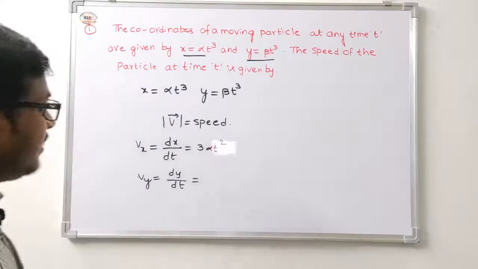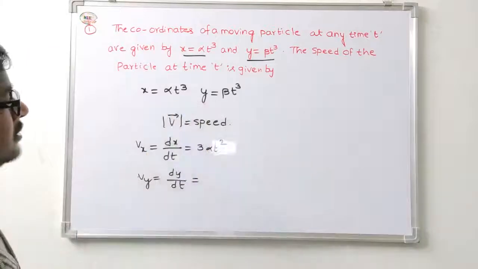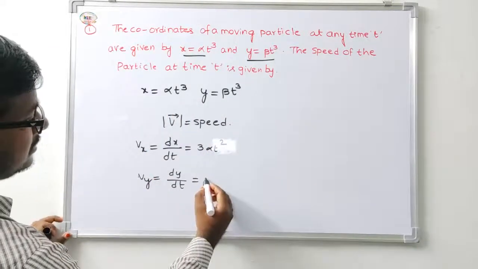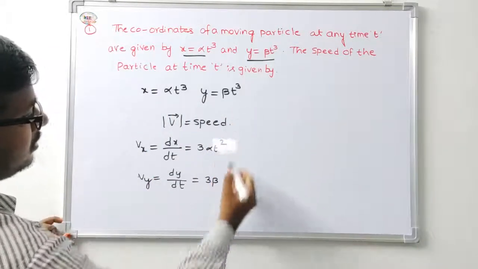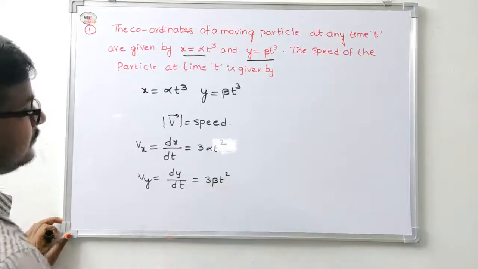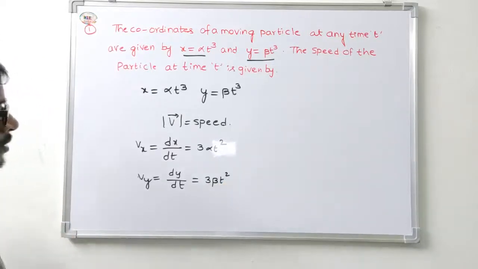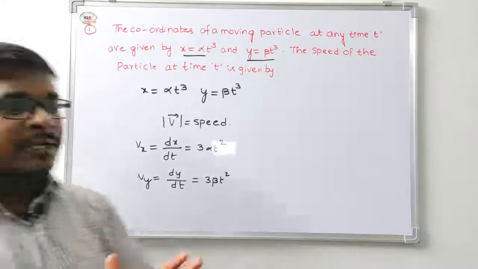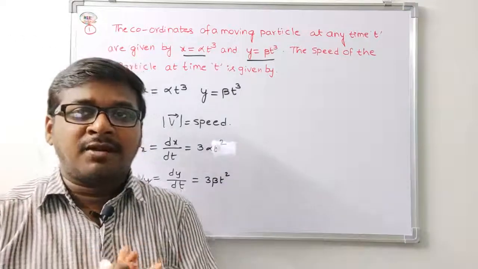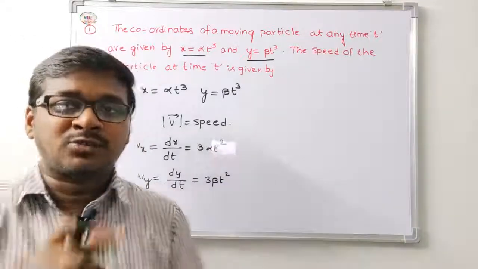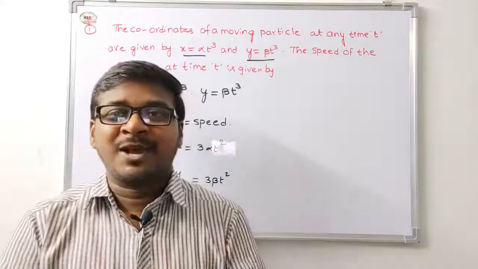It is written as 3 beta t square. The magnitude of velocity, mod of v bar, is equal to the square root of Vx square plus Vy square.